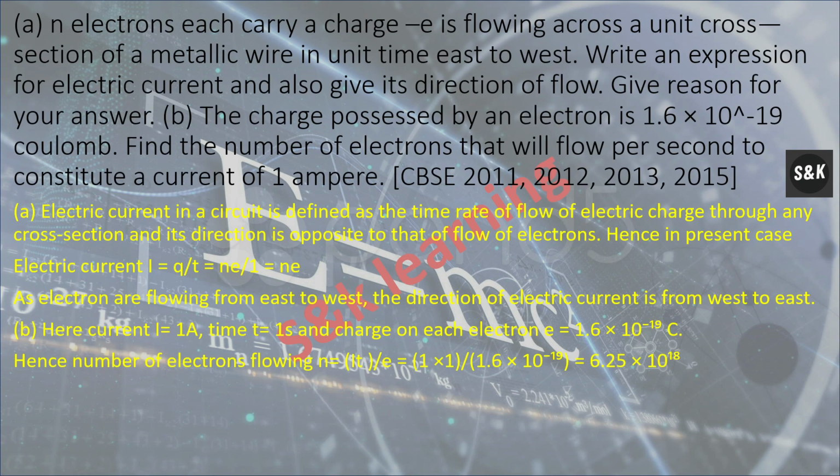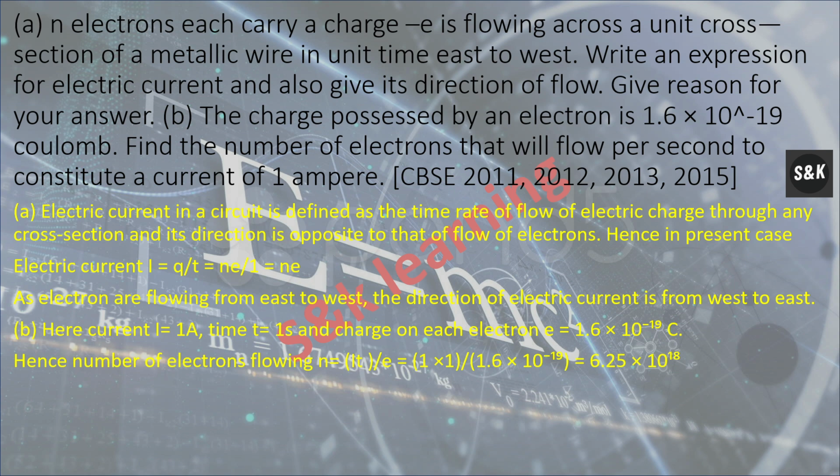An electron, each carrying a charge minus e, is flowing across a unit cross section of a metallic wire in a unit time from east to west. Write the expression for the electric current and also give its direction of flow. First, electric current in a circuit is defined as the time rate of flow of electric charge through any cross section, and its direction is opposite to that of flow of electrons.